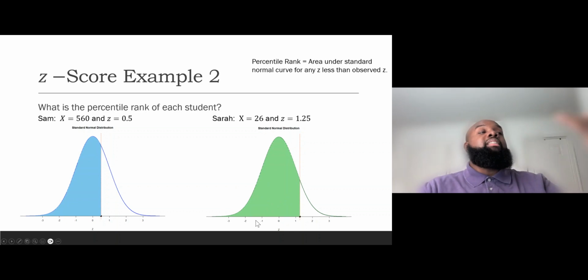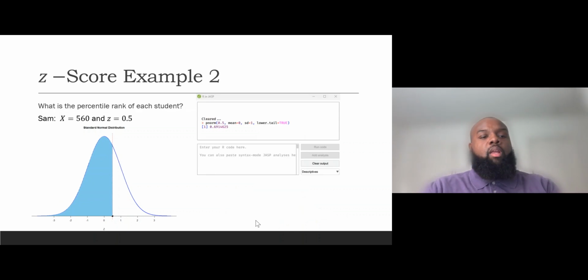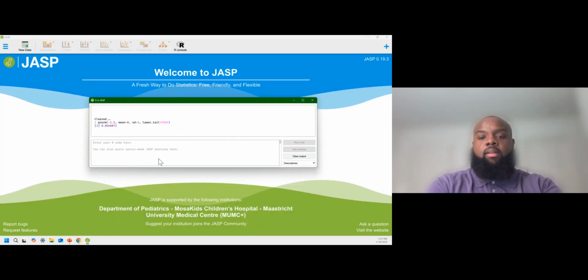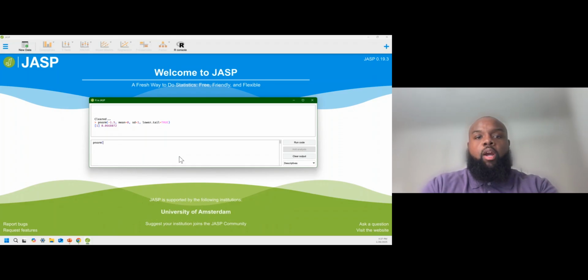So I'm going to go to JASP, and I'm going to do our pnorm. So I'm going to come here. pnorm for the first person was Sam. He had a z-score of 0.5. The mean, well, it's all standard normal since we changed everything to a z.